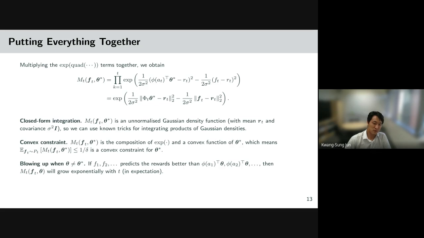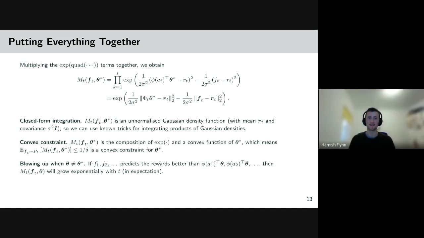Yes, so this M_t is exactly a Gaussian likelihood ratio. So maybe one thing to say is, in our case, we didn't start by assuming we have a Gaussian likelihood function. We just assumed we have sub-Gaussian noise.